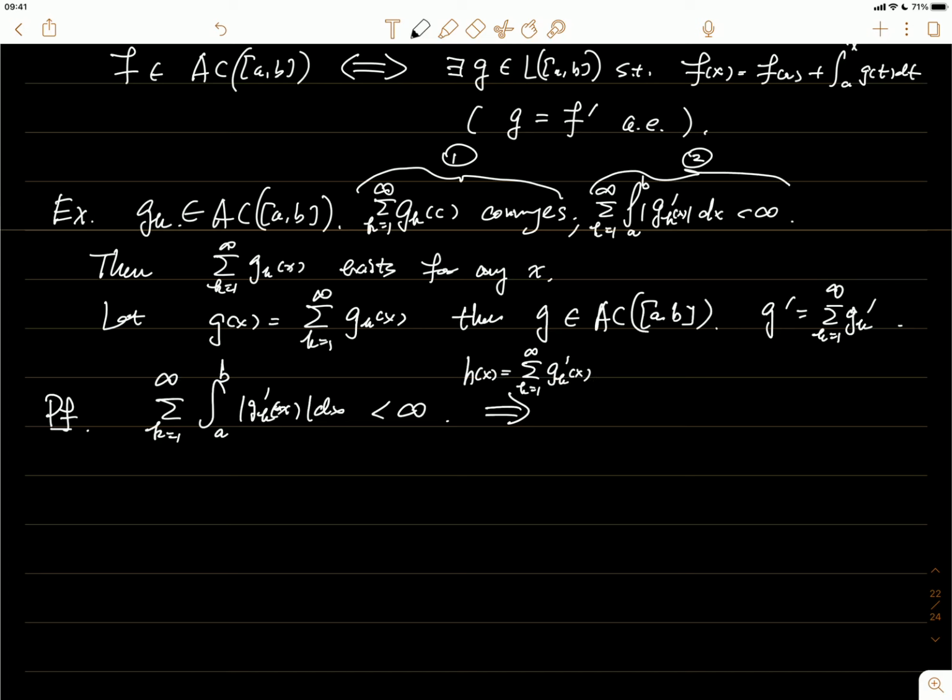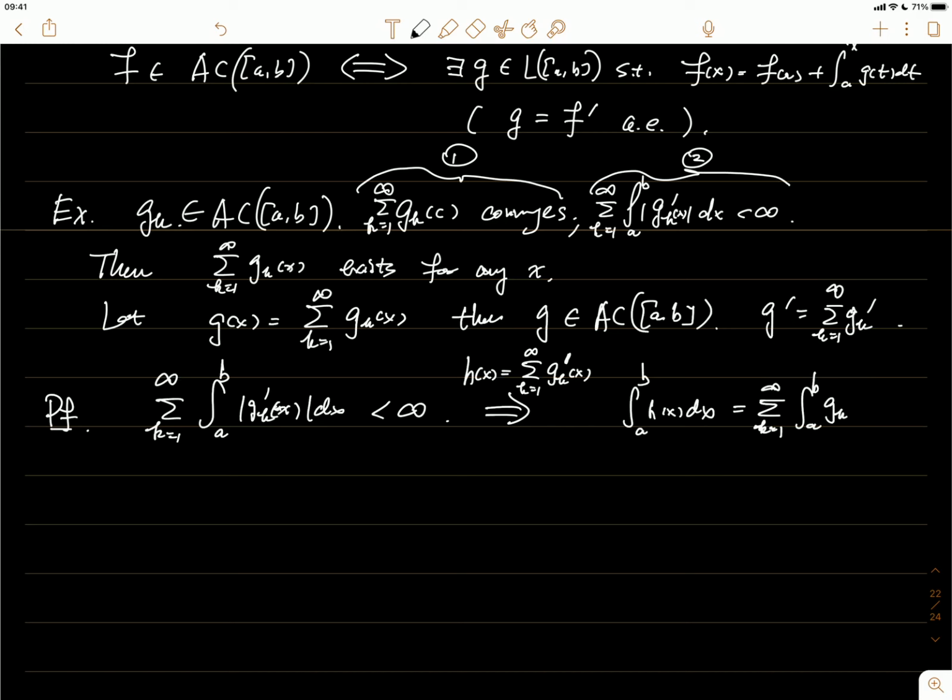One of the results we showed in the previous chapter is that if we have integrable functions like this, and the sum of the integrals of the absolute values is finite, then we can show pretty easily using the dominated convergence theorem that the integral of h(x) is just the infinite sum of the integrals.